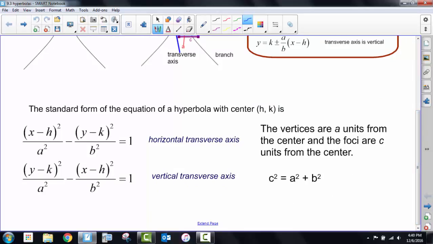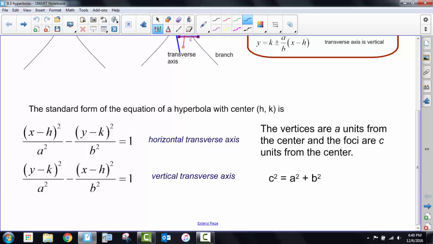The horizontals, like the two that we have up above, have an x minus y situation, where the verticals have y minus x. I should probably point out here too that A isn't always bigger than B. It can be smaller, it can be bigger, it can even be the same as B. But it's different from ellipses in that A was always the biggest in an ellipse. That is not the case with hyperbolas.